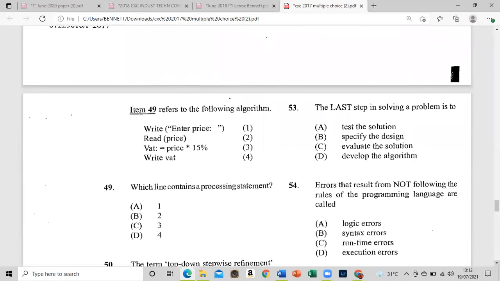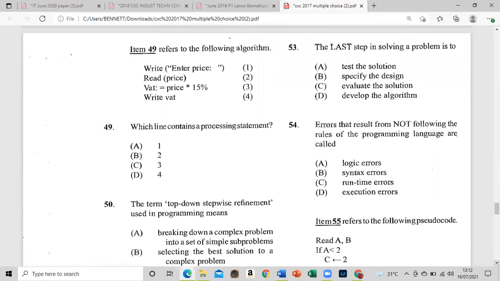Alright, so we are at 49 now. Item 49 refers to the following algorithm: write price, read price, VAT is price times 15%, write VAT. Which line contains the processing statement? Is it 1, write enterprise?